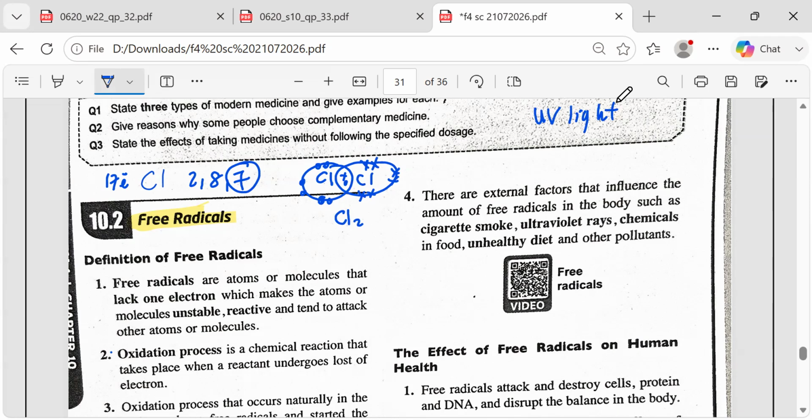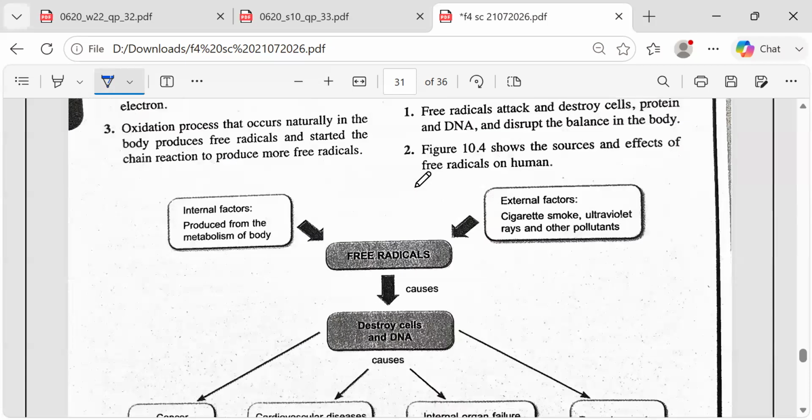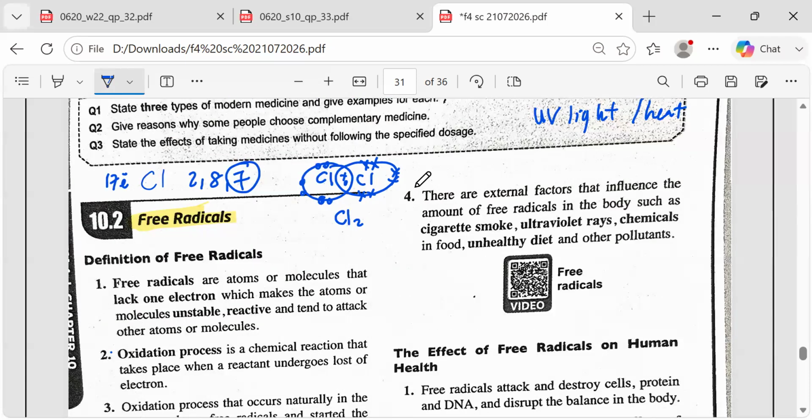If the chemicals are exposed to UV light, or to extreme heat, the molecules that were once stable, page 140, the chemicals that were once stable, when it's Cl2, Cl2 is completely harmless.